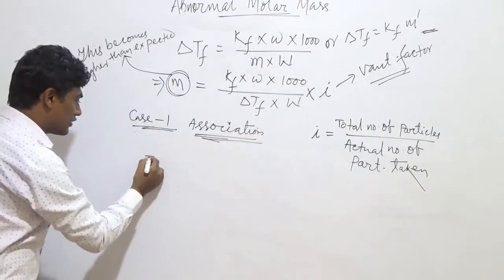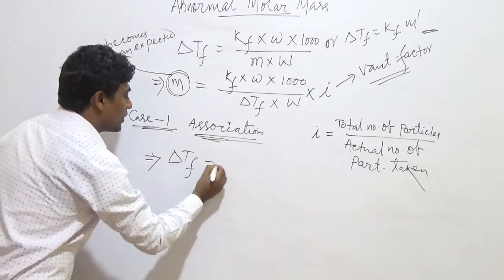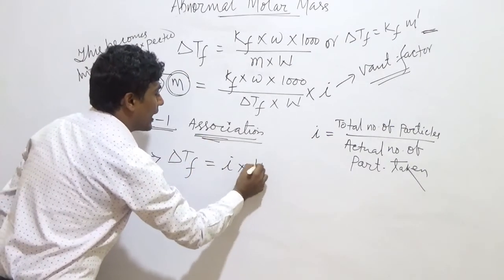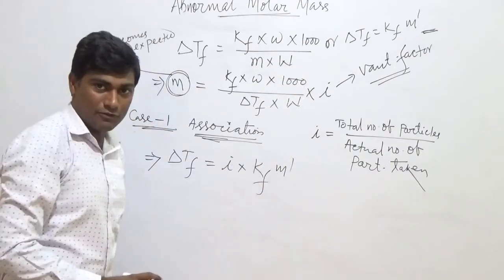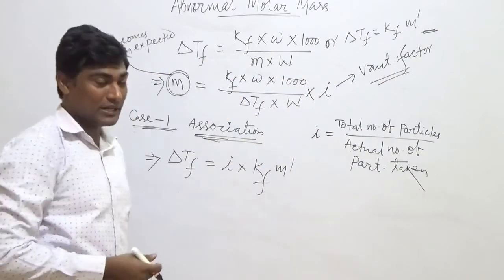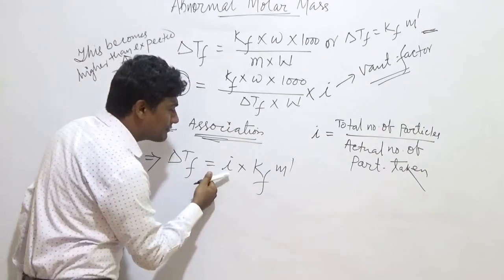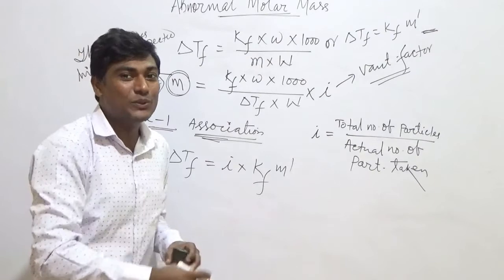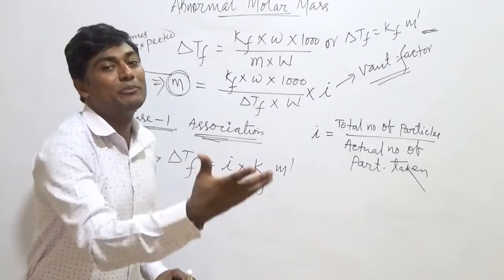So now the formula is del Tf is equal to i into Kf m. In any of the formulas derived previously, you just multiply this Van 't Hoff factor so that it will adjust the abnormal molar mass to the real molar mass.